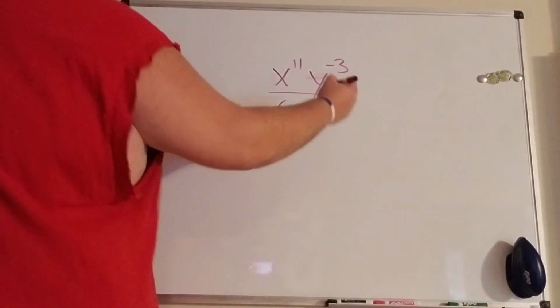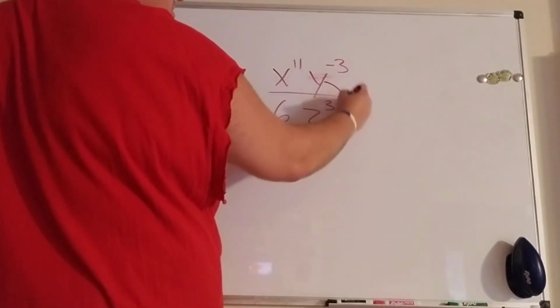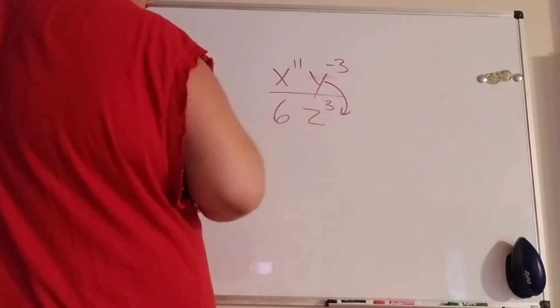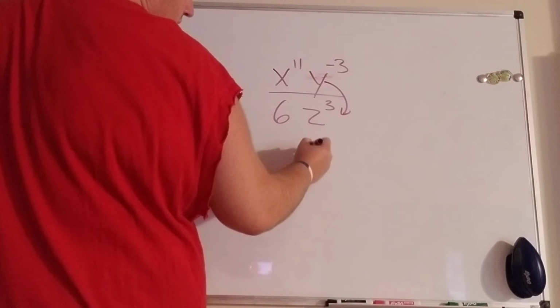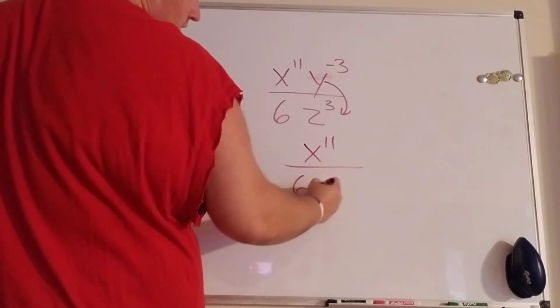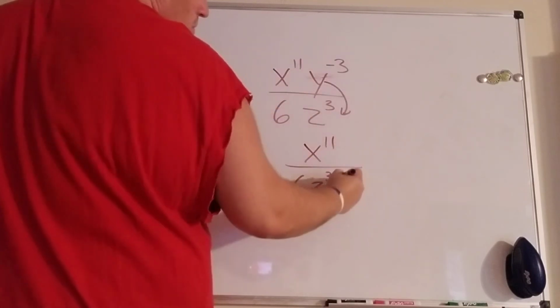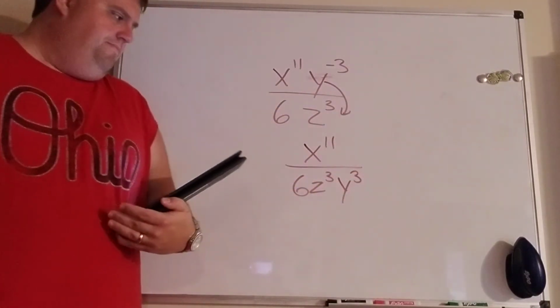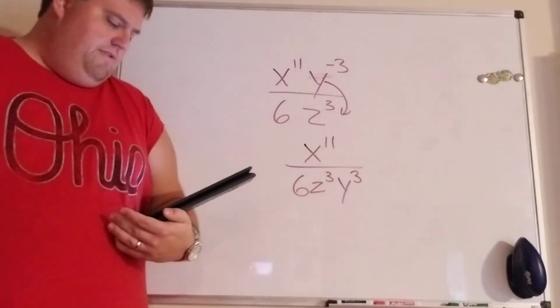Yeah, this y has a negative exponent, I need to move it. It's on the top, I'll move it to the bottom. Everything else is okay where it's at because their exponents are positive. So this is going to stay, this is going to stay, this is going to stay, y is going to move to the bottom, and when I move it, its exponent becomes positive. That's all you got to do there for number 15.